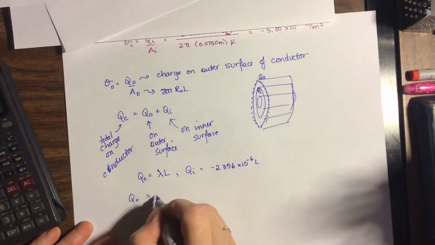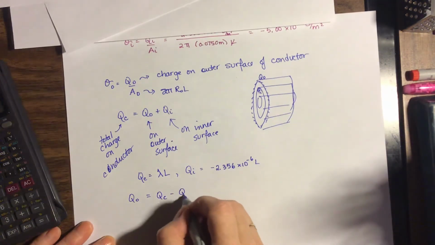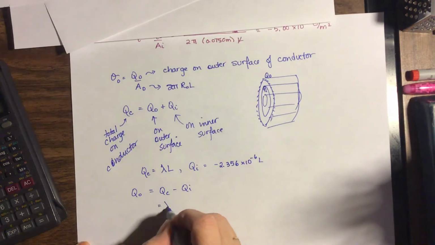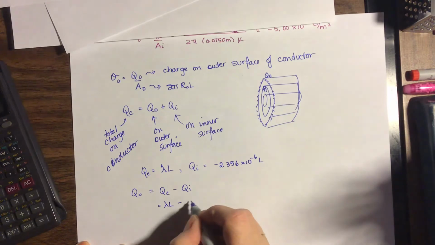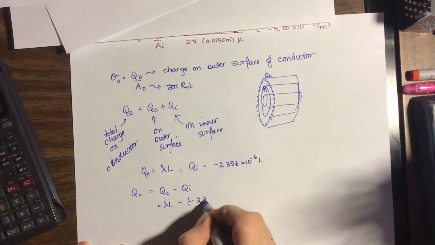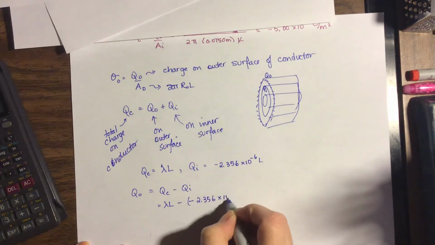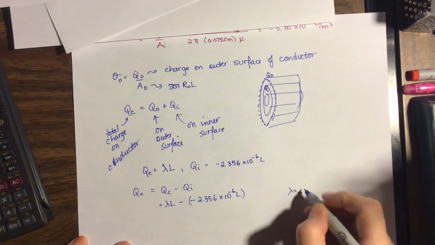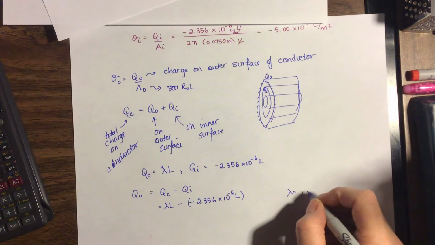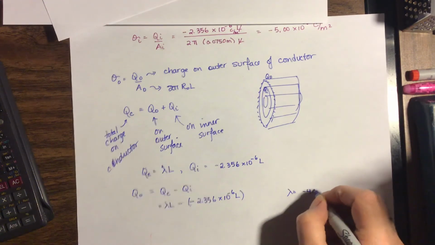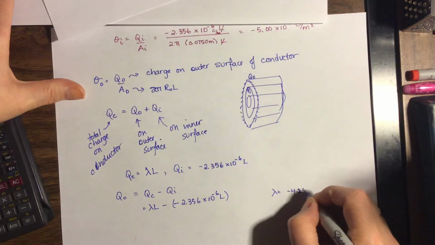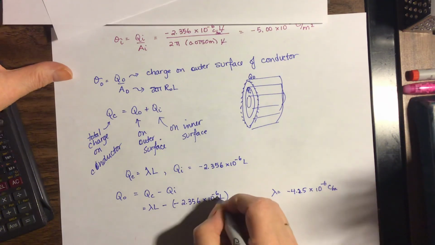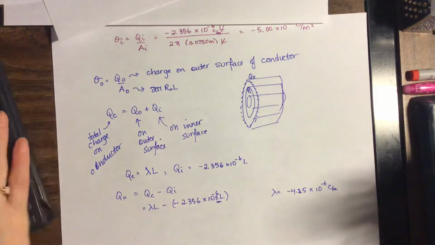Charge on the outer surface is the net charge, take away whatever is on the inner surface. So I've got lambda L minus 2.356 times 10 to the minus 6 L. That lambda is equal to minus 4.25 times 10 to the minus 6 coulombs per meter.